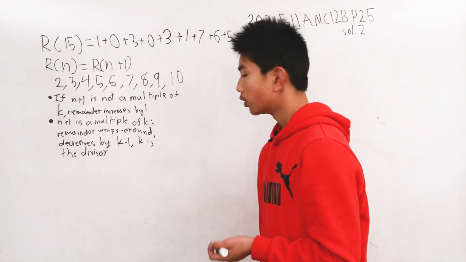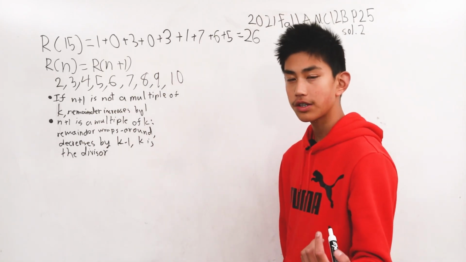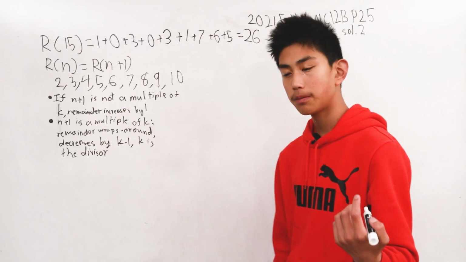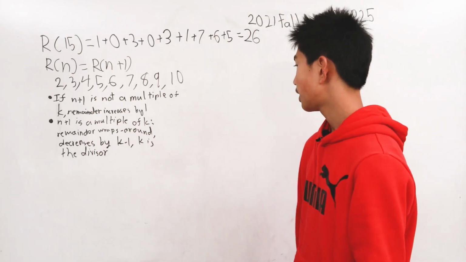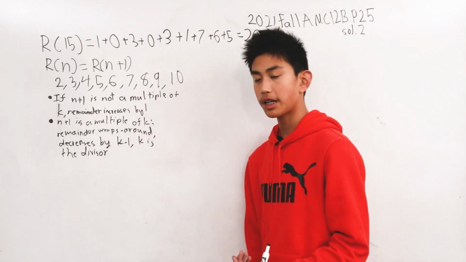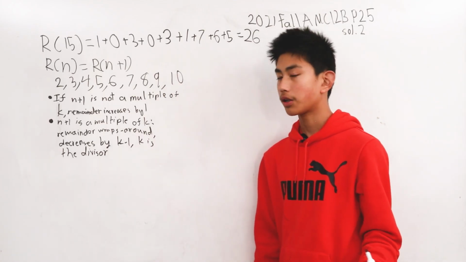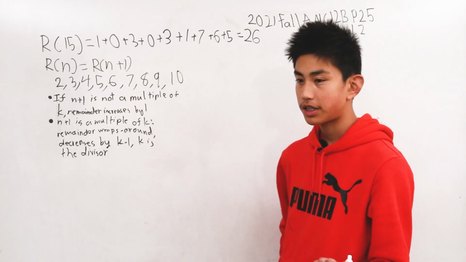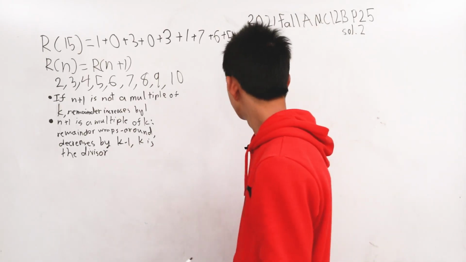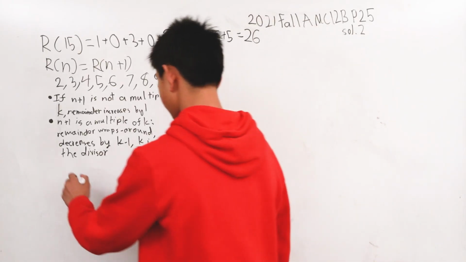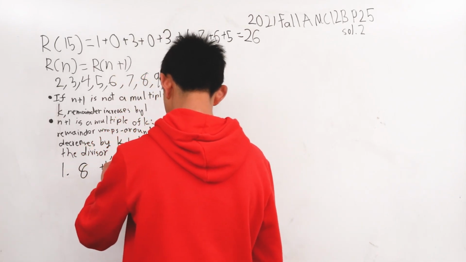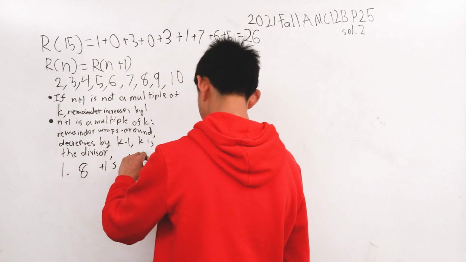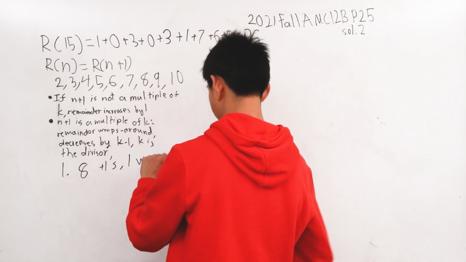We can then organize this. Since it's in nines, we can sort this into the number of remainders, like the plus 1's remainders, and all the wraparounds, which are basically 0. If we consider our first case, 8 plus 1's and 1 wraparound, I'll use WA for short.